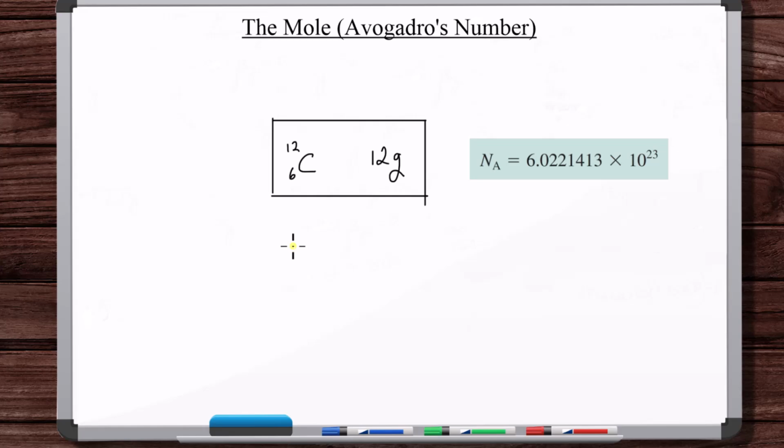Then that value in AMU, if we think about the oxygen-16 isotope, it weighs 16 AMU. Because of the way that Avogadro's number is defined and the way the AMU is defined, this value is also going to be equal to what's called the molar mass of that elementary entity.